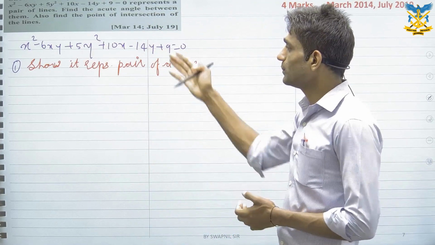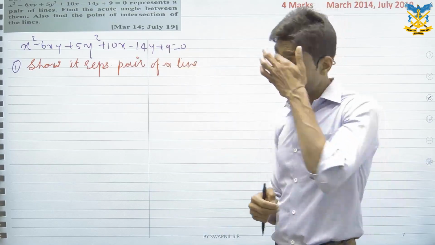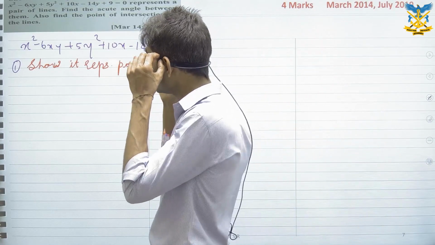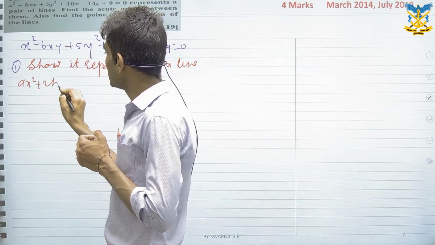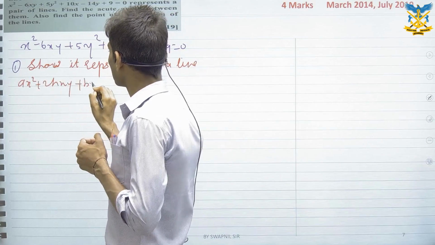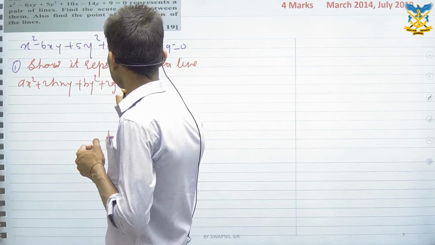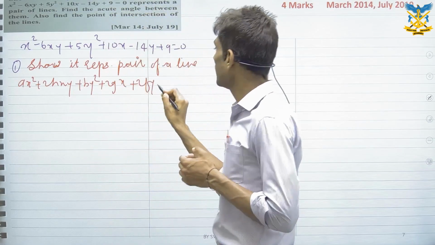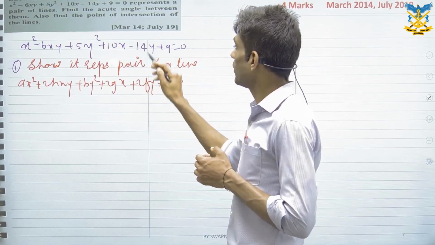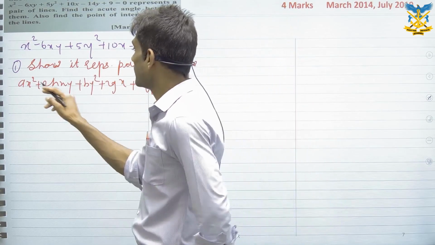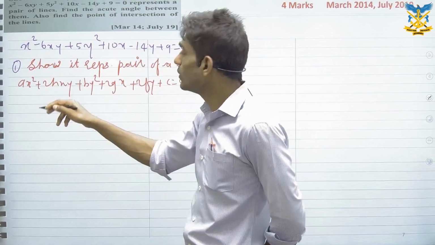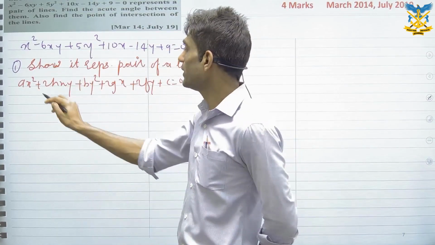If our given general equation represents a pair of lines, we have to compare it with ax square plus twice of hxy plus by square plus twice of gx plus twice of fy plus c, which is equal to 0. So we compare both of these equations and find the values, and then at the end put these values in our determinant.